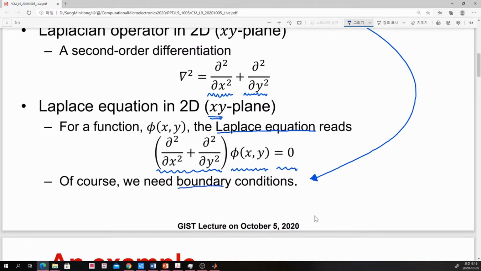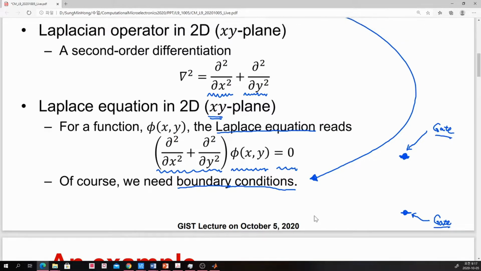In the previous case, for the 1D case, we were relatively free of this issue. You know that here and there we had contacts. So this was a gate and this was also a gate. These 2 points are our boundary nodes, and at that time we just imposed a certain number on this node and another certain number on that node. That's all.